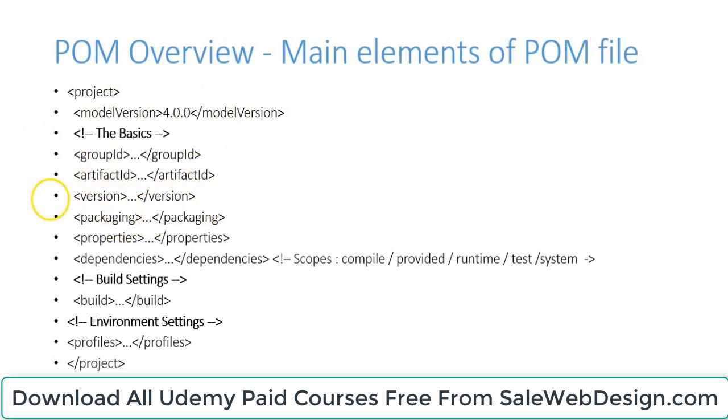If the configuration details are not specified, Maven will use their defaults. One of these default values is the packaging type. Every Maven project has a packaging type which can be POM, jar, war, EAR. If it is not specified in the POM, then the default value jar would be used.